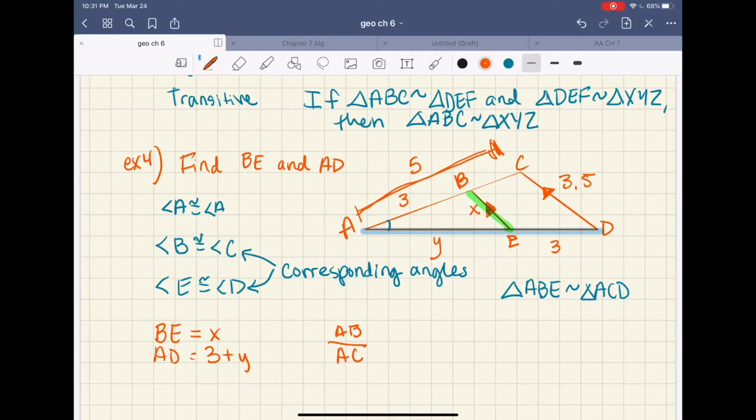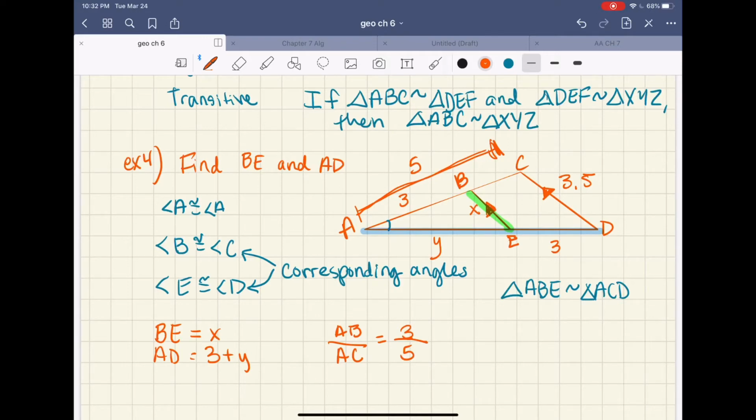And I intentionally picked that one first because when you look, you've got a lot of variables for all the other sides. AB over AC is actually the only one where we can get a real constant number very easily. So now we know that all of our ratios have to be proportional to 3 over 5.